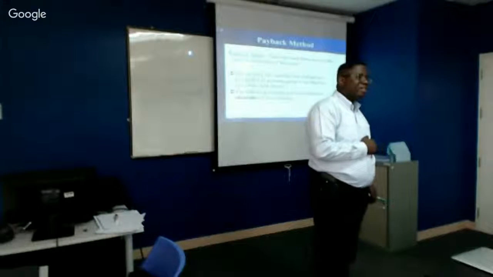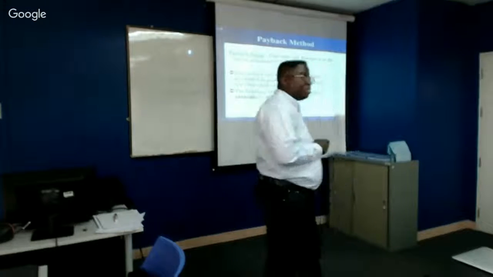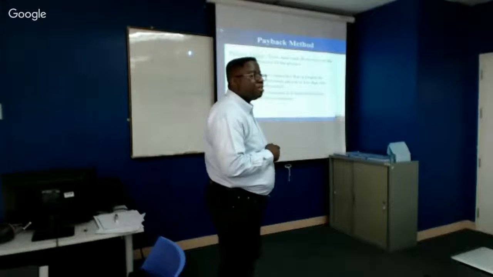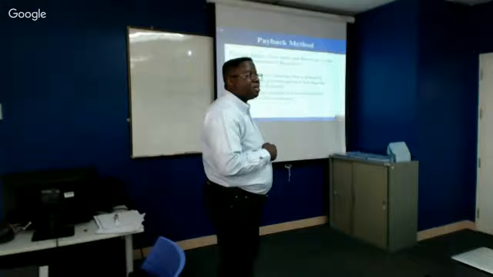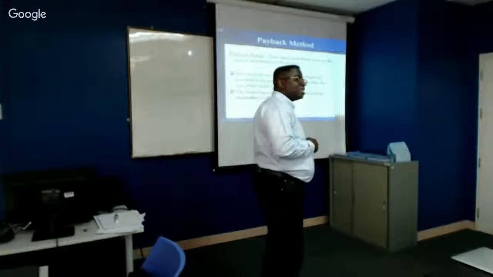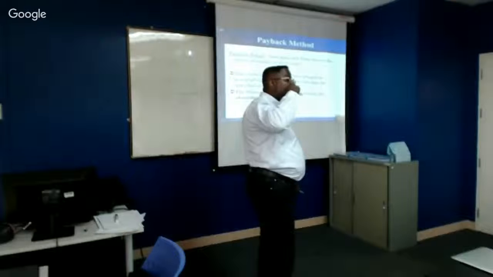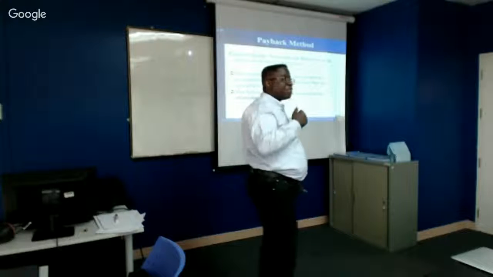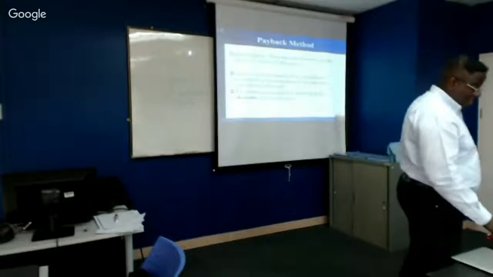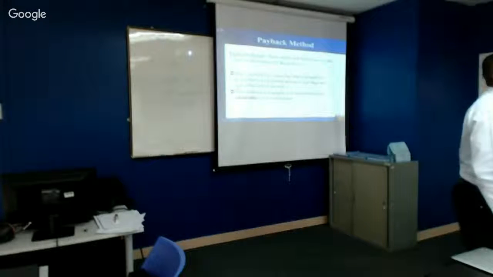Number 2, the cash inflow is not equivalent to the cutoff. It's very difficult to determine each cash inflow against the cutoff period. For example, I have 100 million cash outflow.